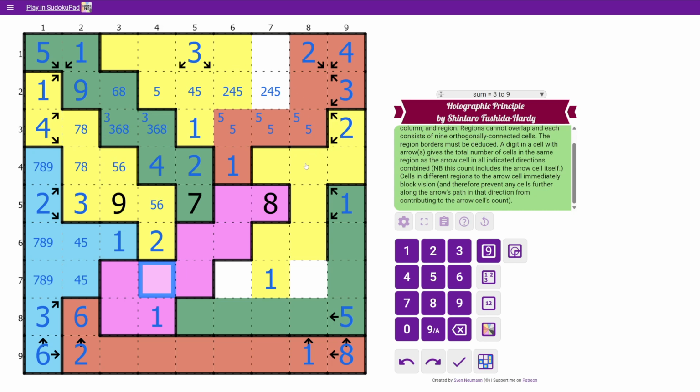Do you think we have all the arrows done? We'll need a 2 in pink.